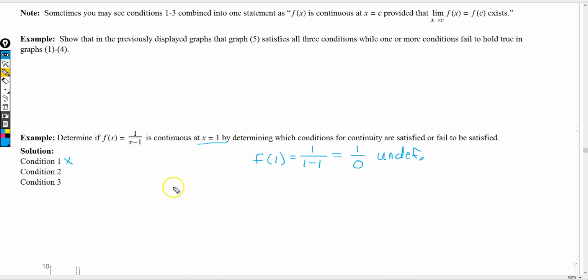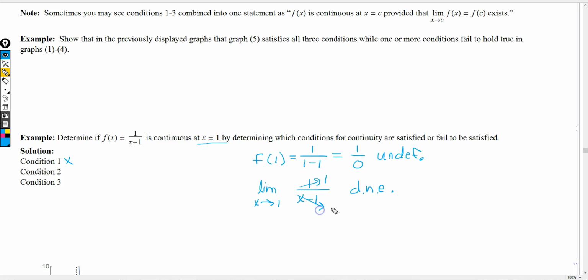Now let's just check the other 2 conditions. Well, certainly the limit is not going to exist either. The limit as x approaches 1 of 1 over x minus 1 is going to DNE, right? Because the top is approaching 1 as x approaches 1.